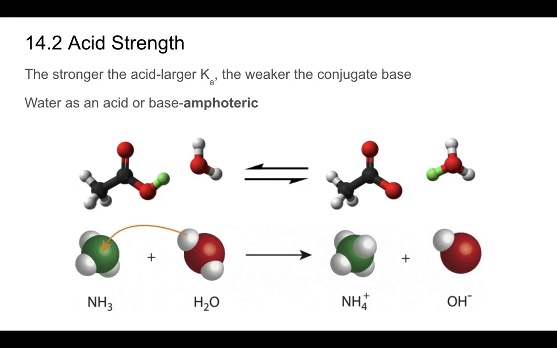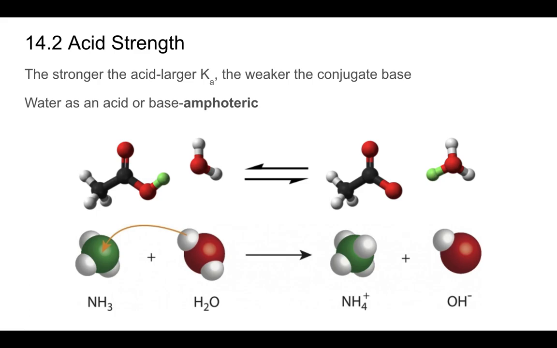So in the case of acetic acid, I have pictured here the acetic acid molecule. It's got a carboxyl group, because you can see on the top left that it's got a carbon double bonded to an oxygen, single bonded to an OH. The H is in green here because it is the ionizable or labile proton.